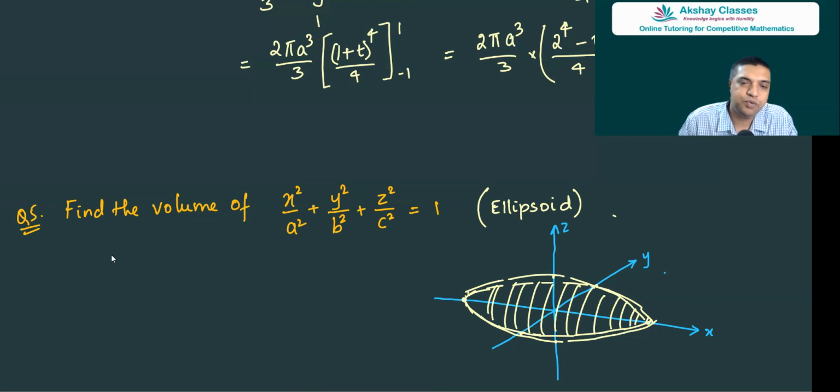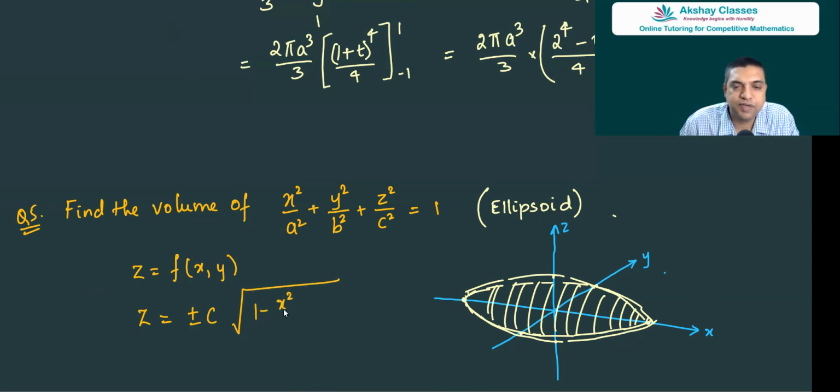So what we do, we write z as a function of x and y. In fact, there will be two parts. z will be plus or minus c times under root of 1 minus x squared by a squared minus y squared by b squared.